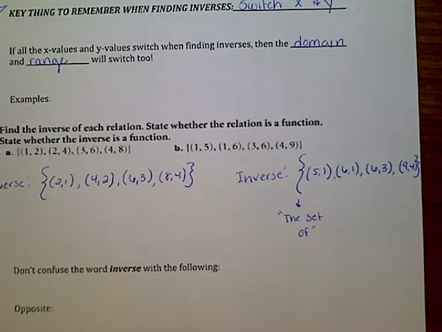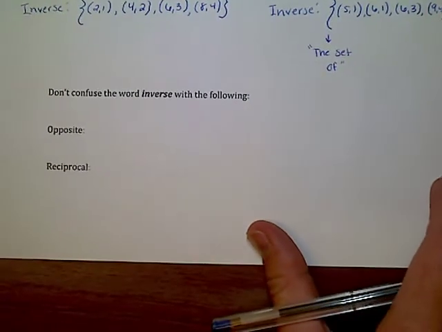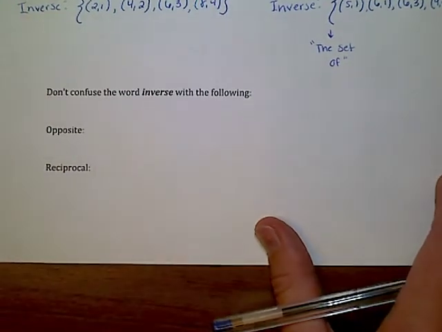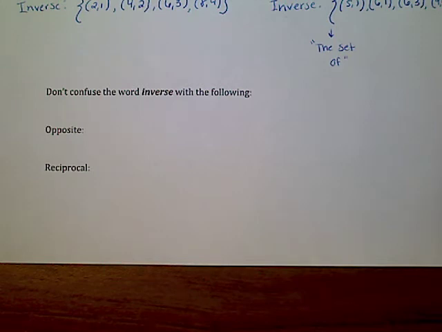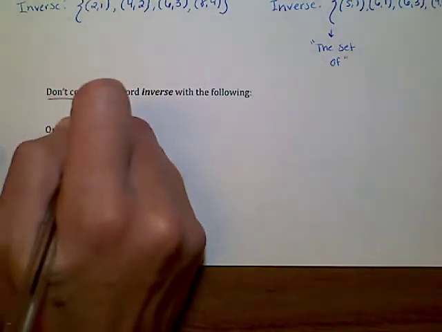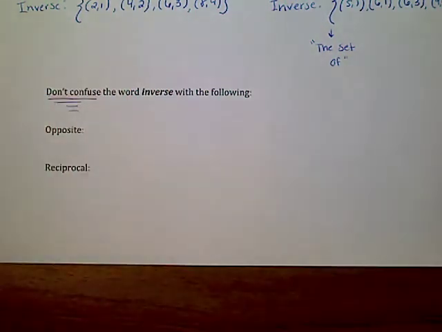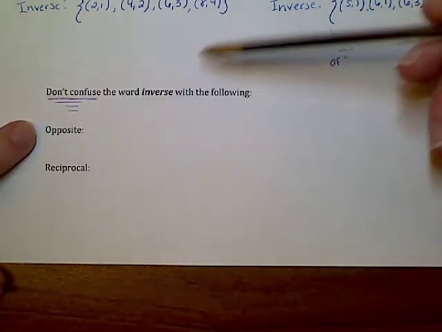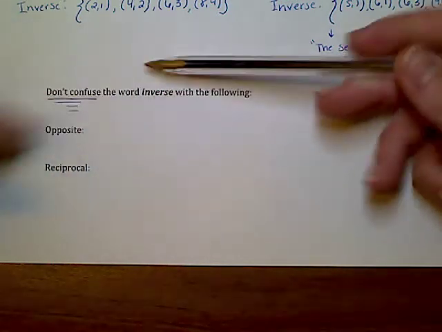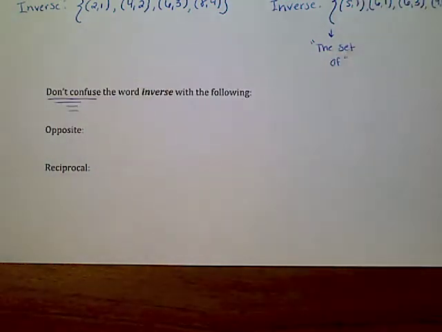Now, sometimes people confuse the word inverse with these other ideas in math. Okay, so don't do this. Don't confuse inverse with these two words. If you mean to say the word opposite, don't say inverse. If you mean to say the word inverse, don't say opposite. I understand the confusion, but they're actually not the same thing. Okay?